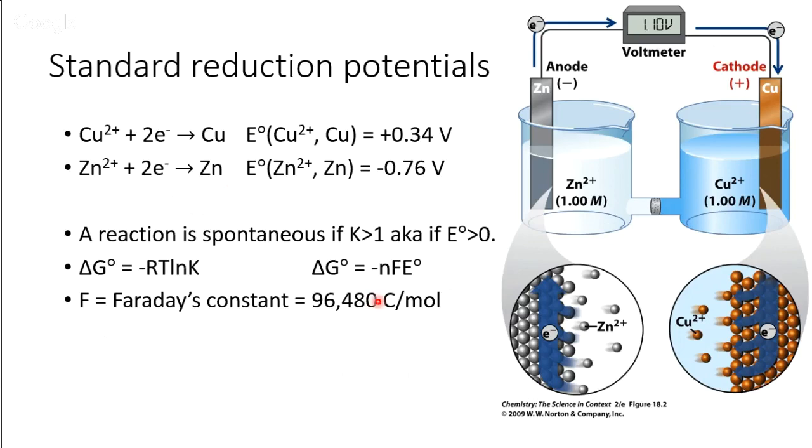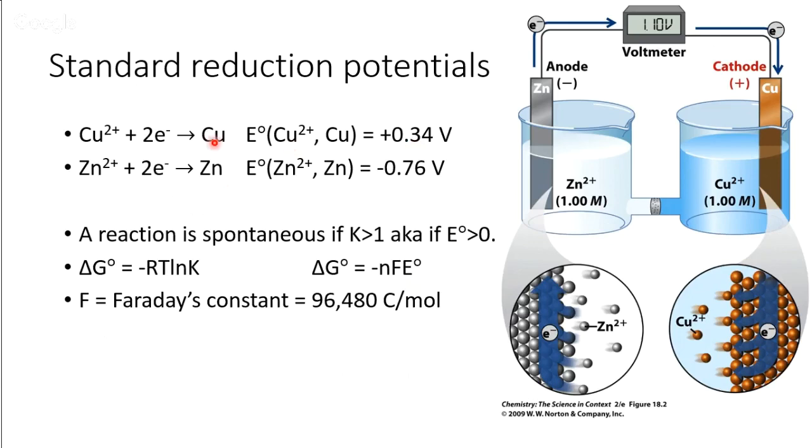And the standard reduction potential is this E value. The standard reduction potential is the difference of the standard potential corresponding to the half reactions into which the overall reaction may be divided, right?